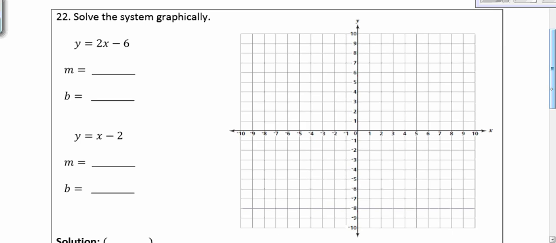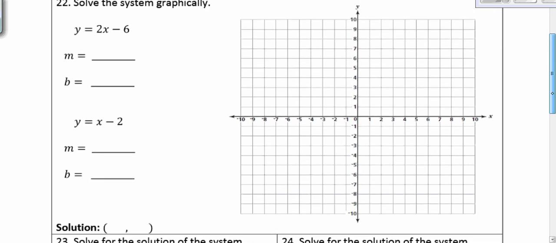No matter how many times we go over this, people still can't get it. Remember the y equals mx plus b. This is 2 over 1. That's the slope. And this is the y-intercept. You get negative 6. I'm going to graph that. I'm going to start at negative 6. I'm going to put my arrows up and to the right.